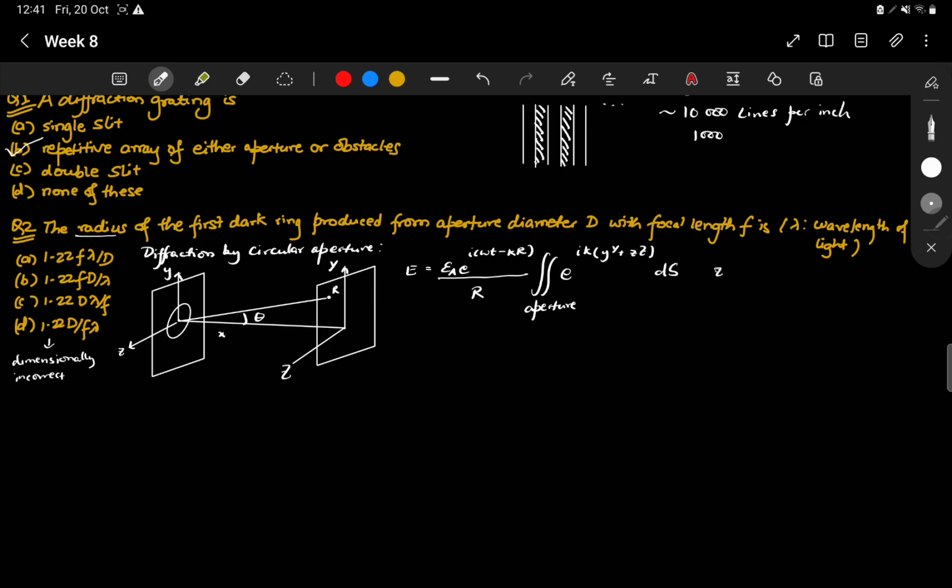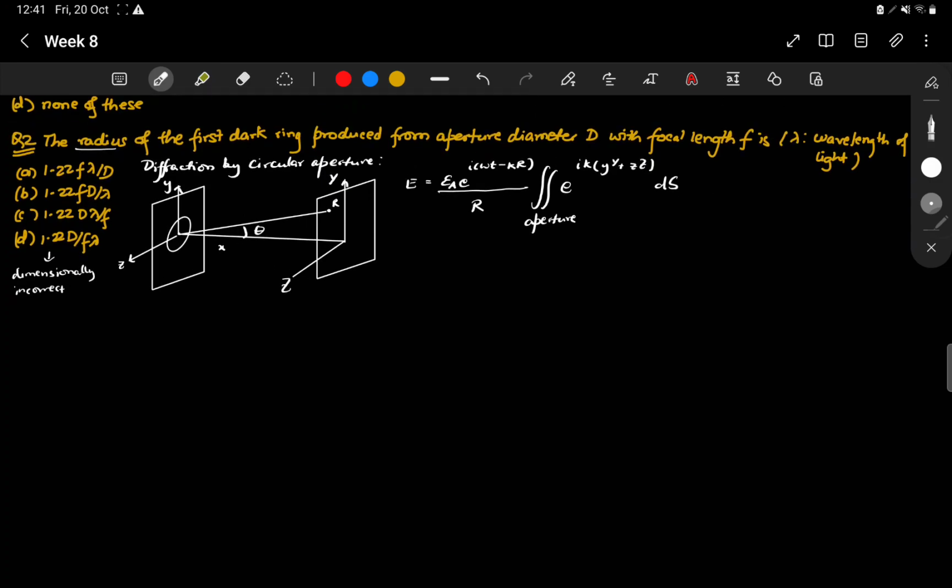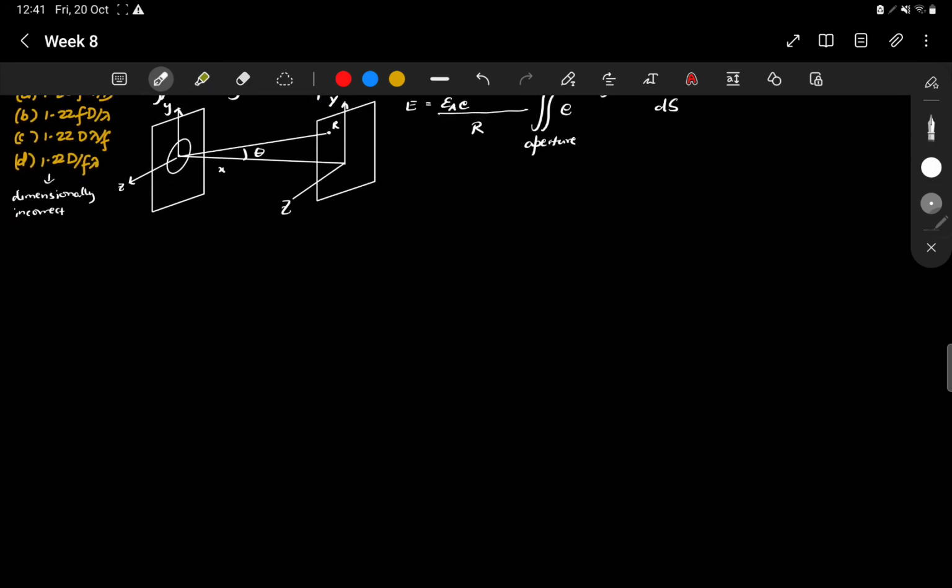Now we can look at the transverse plane. So if I look at the transverse plane, then I have this circular aperture over here. These are the axes passing right through the middle.